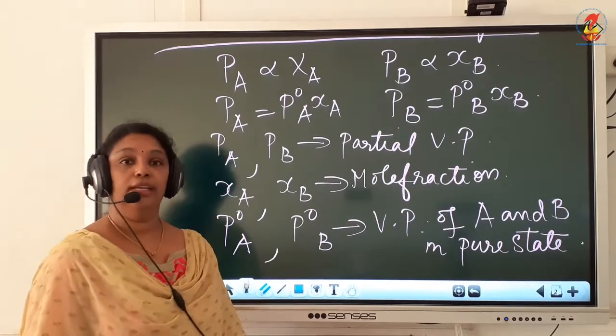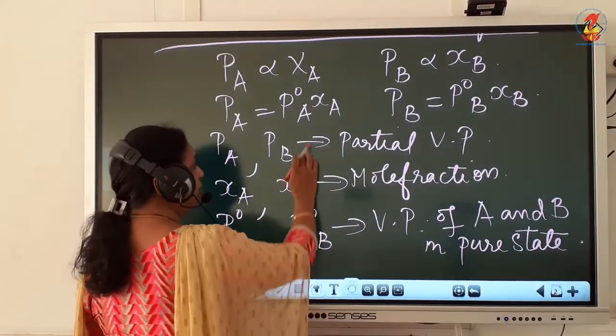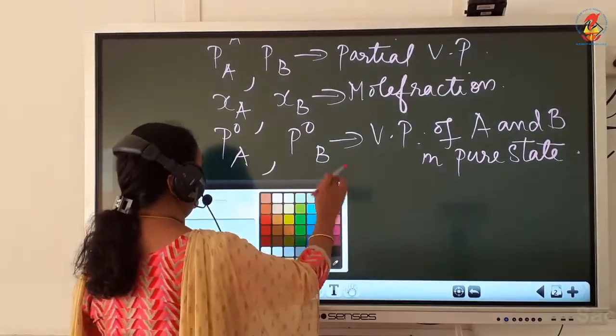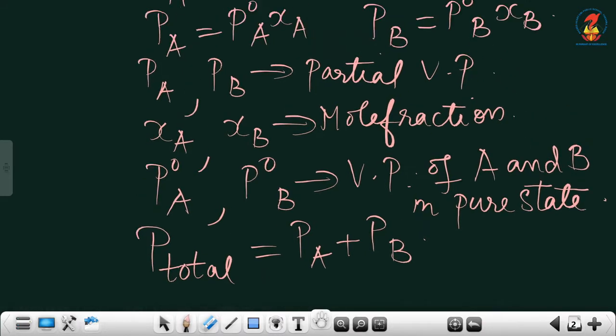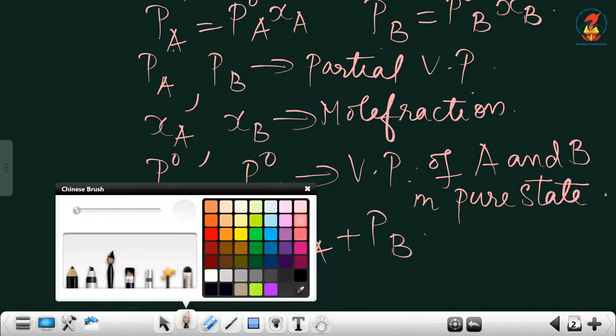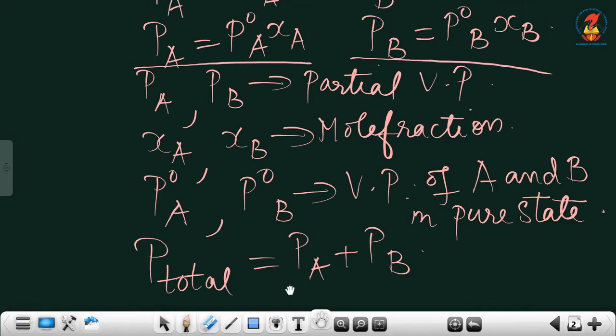Now, according to Dalton's law of partial pressure, the total vapor pressure of the solution, P total, will be the sum of partial pressures, PA plus PB. Let's substitute for PA and PB from Raoult's law: PA is equal to P naught A into XA and PB is equal to P naught B into XB.